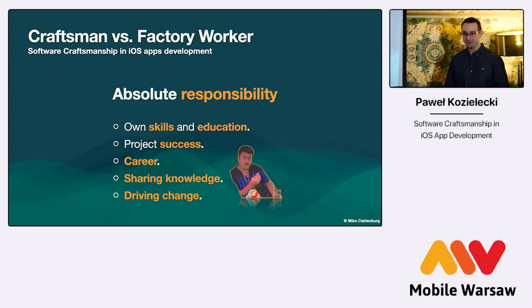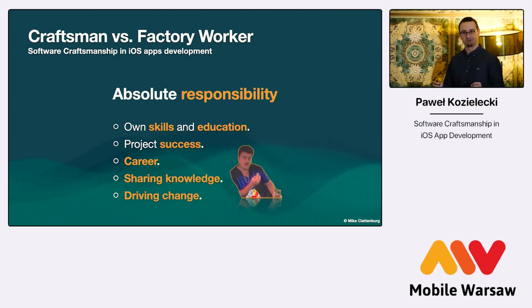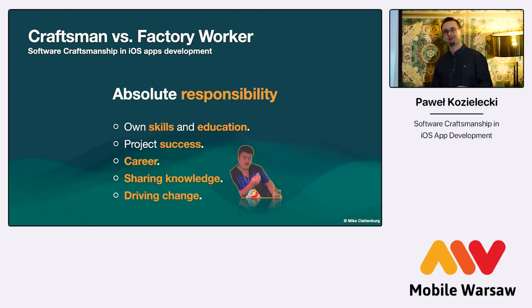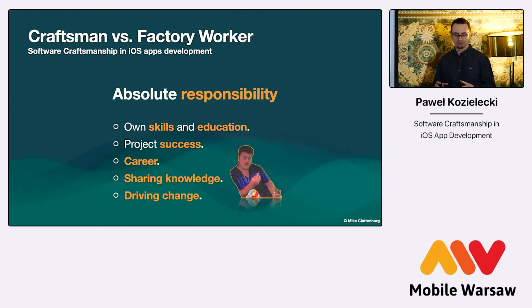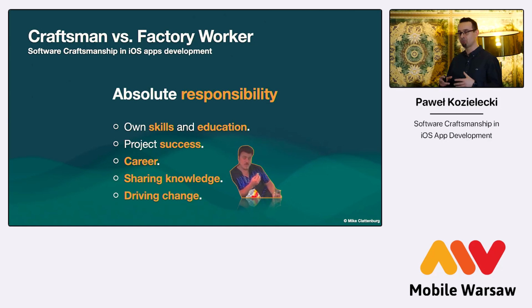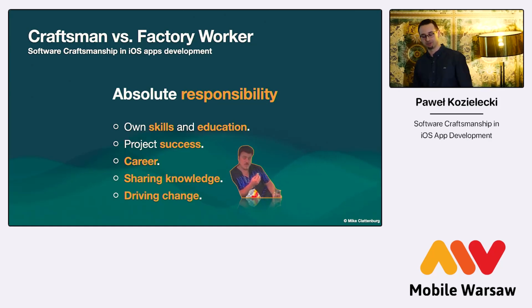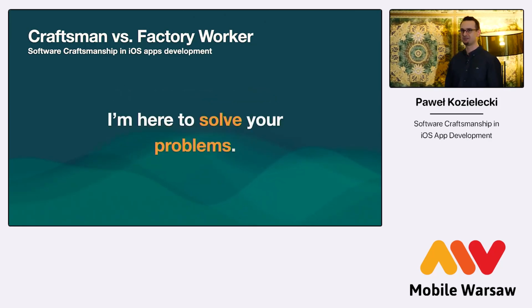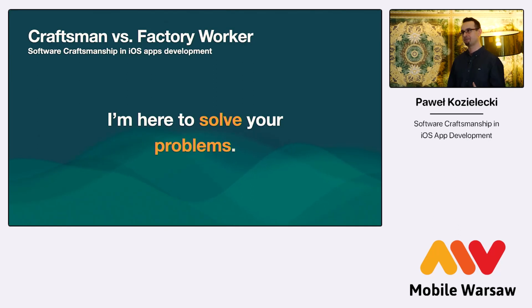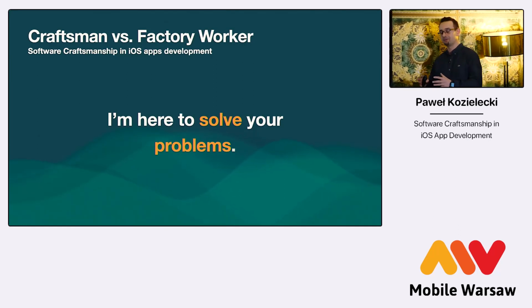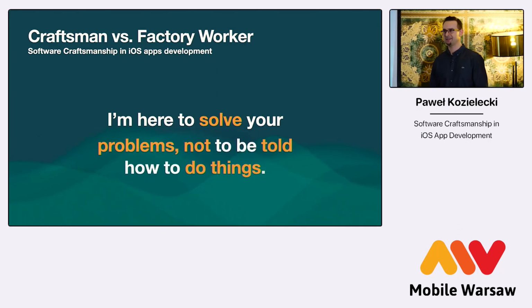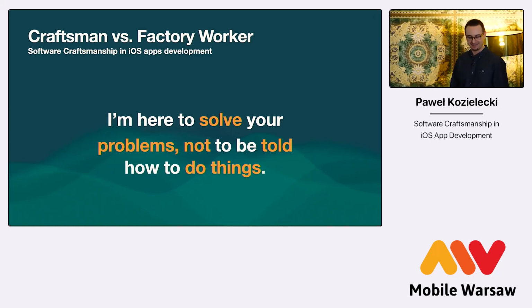Jokes aside, that approach, when we embrace that responsibility, kind of drives us into a specific approach to doing our job as software engineers, and this is that we tend to kind of be there to solve clients' problems and not necessarily to be told how to do that, right?